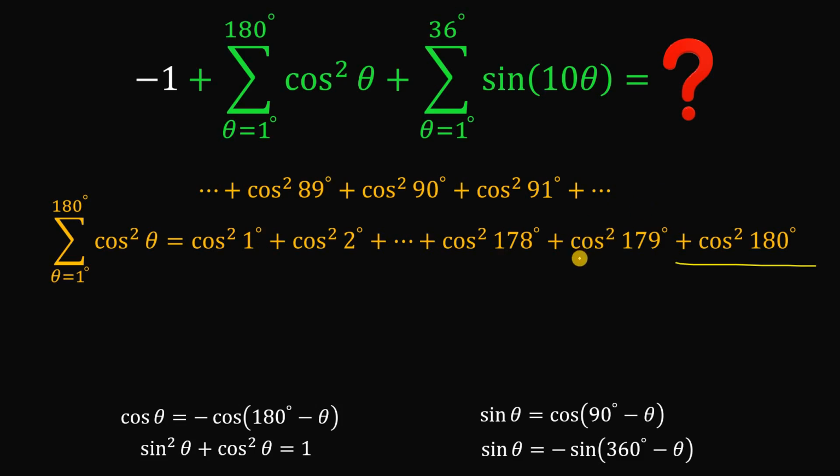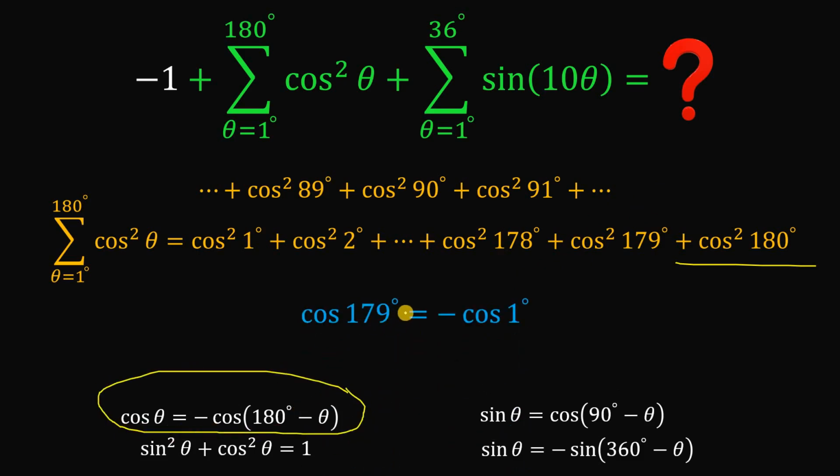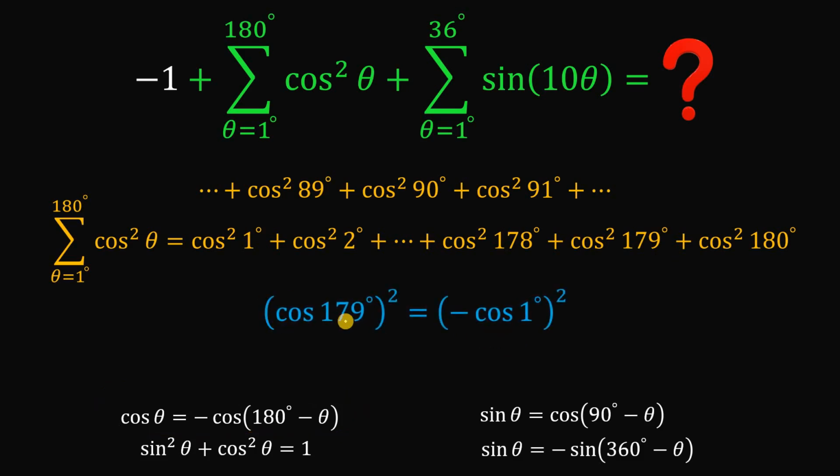Now, a while ago, using this identity, we got that cosine of 179 degrees must be the same thing as negative cosine of 1 degree. Now, what will happen if you square both sides? So you have cosine of 179 degrees raised to the power of 2 and negative cosine 1 degree raised to the power of 2.